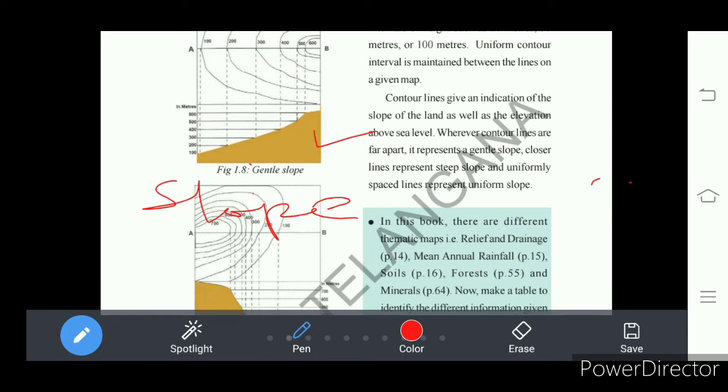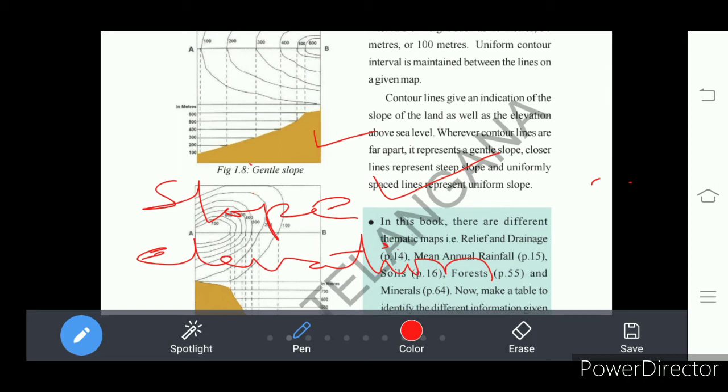And it also tells the elevation, in the sense of the height of the place. Two things are indicated using the contour lines. One is the slope of the place, whether it is a gentle slope or a steep slope like a wall.